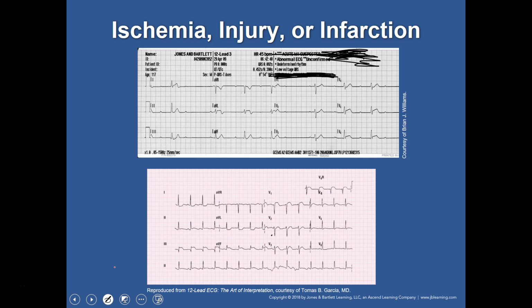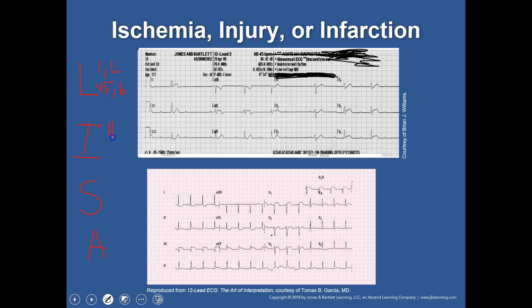So remember, we'll use the mnemonic LISA for our lead grouping. We have lateral, inferior, septal, and anterior. Within our groupings, we'll write them out here real quick. Lateral: lead 1, AVL, V5 and 6.